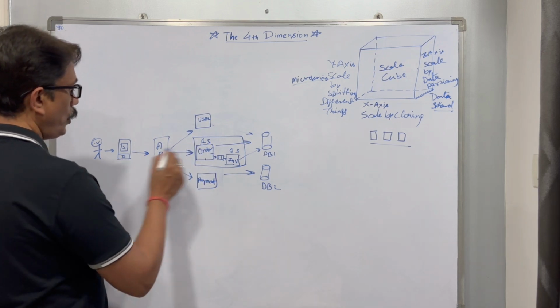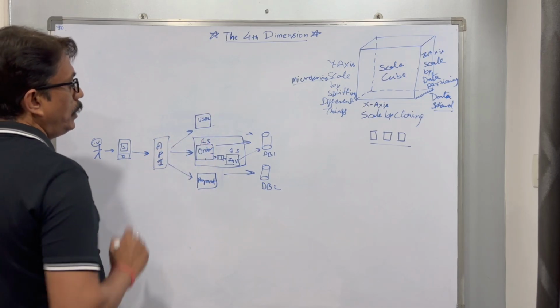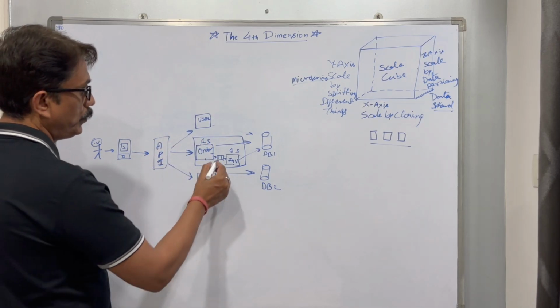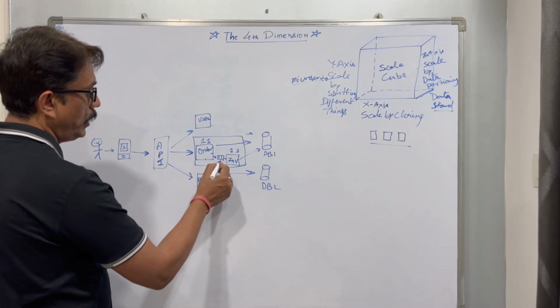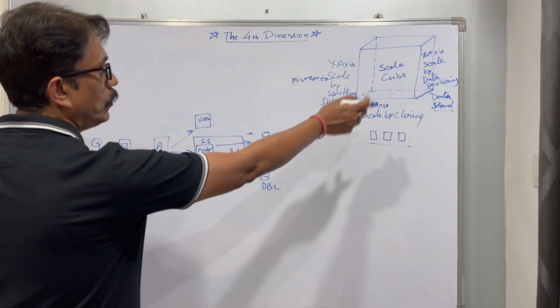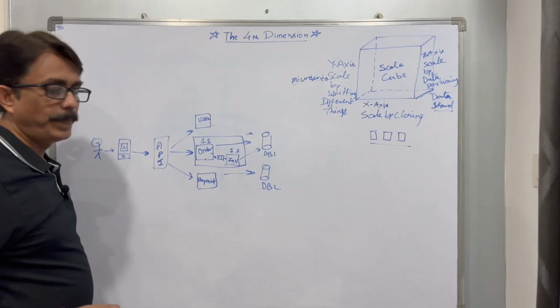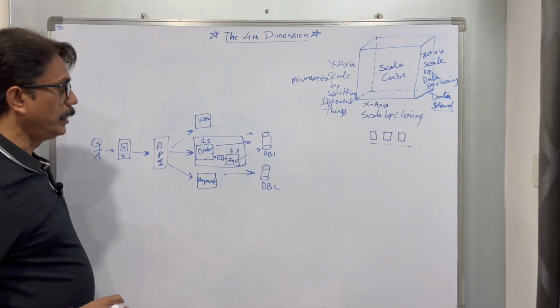Overall response time will be 2 seconds only, but the scalability is improved only by using this enhanced communication pattern. So we are not using anything from this, but we have better scalability.